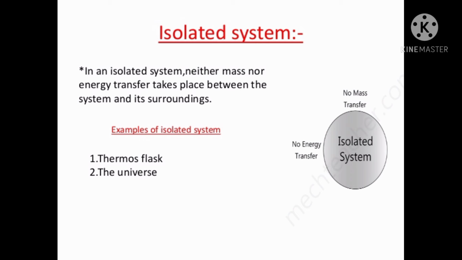In an isolated system there are two examples: number one, the thermos flask, and number two, the universe. I want to show you the images of the thermos flask and the universe.